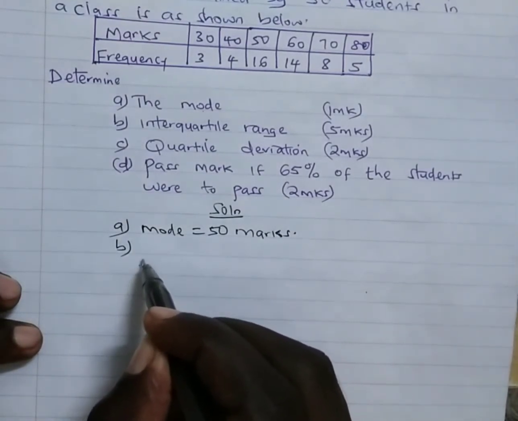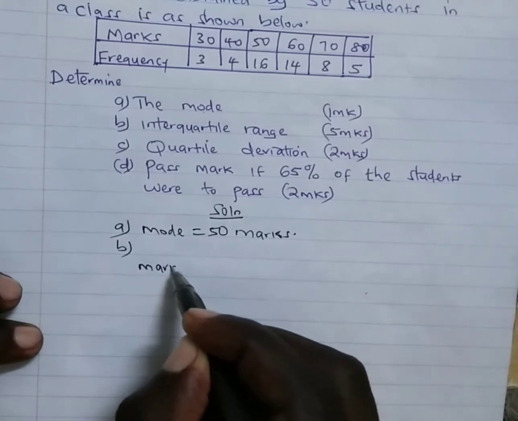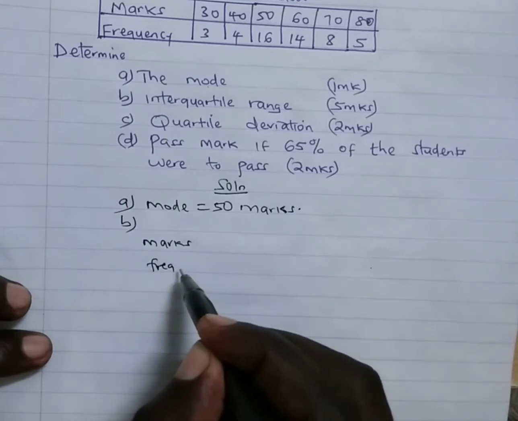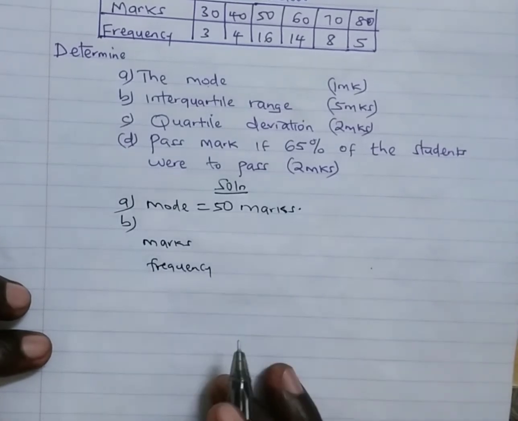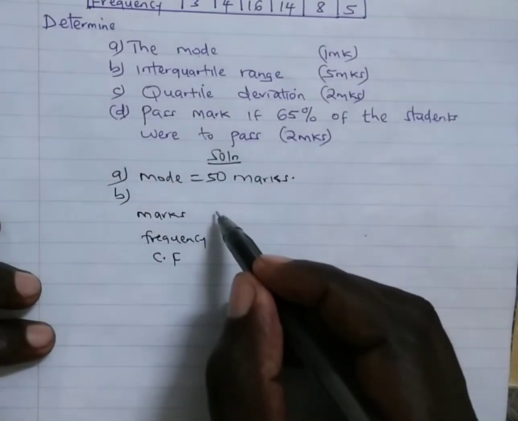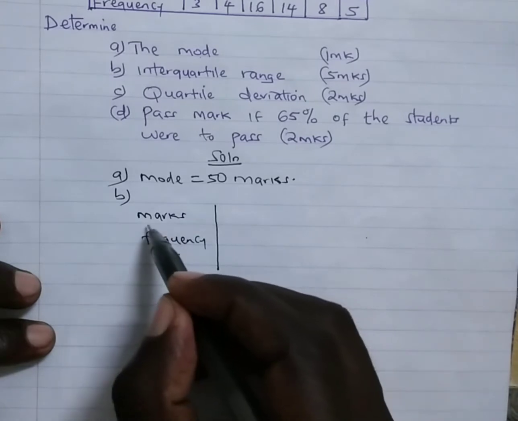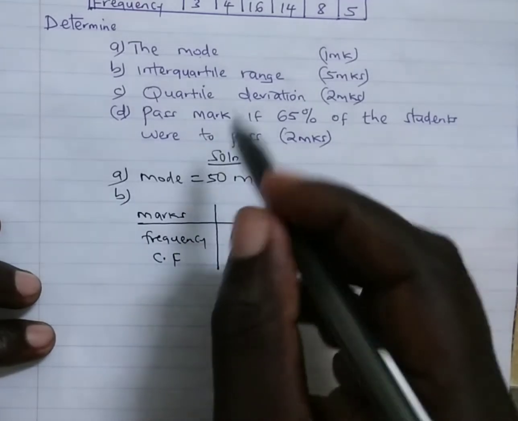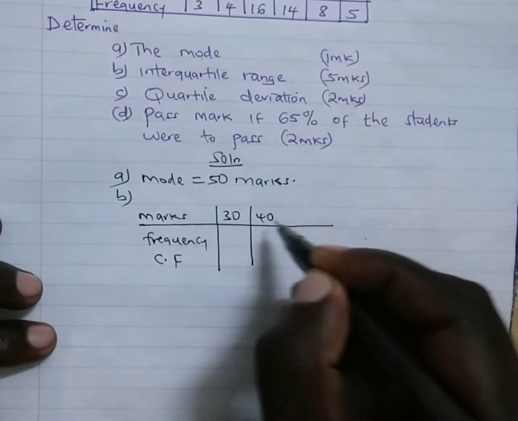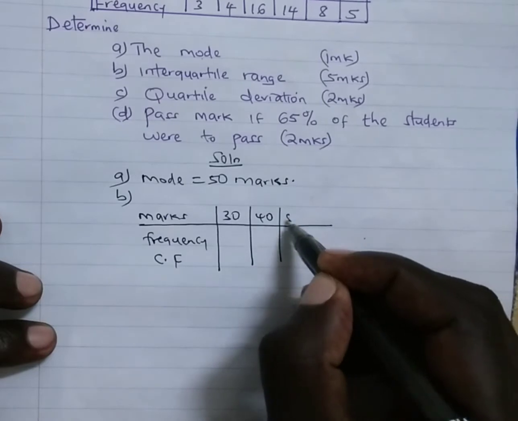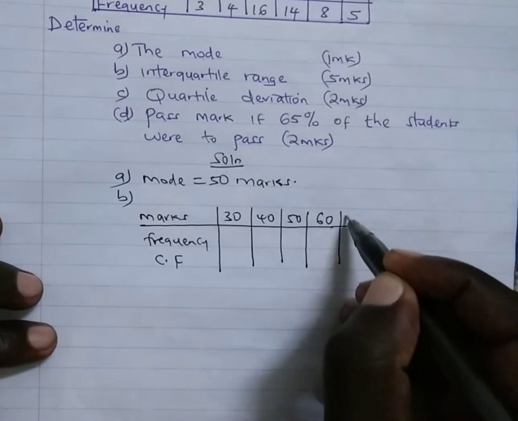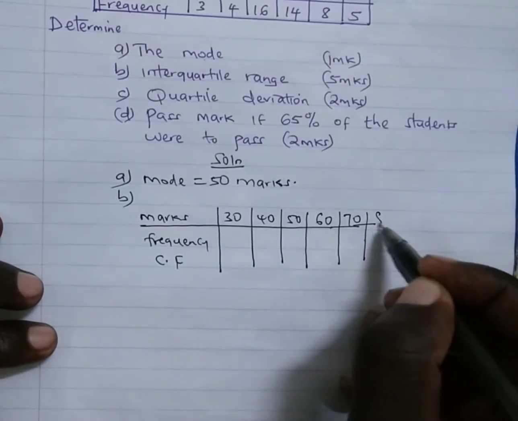We are going to have the marks, the frequency, and what we call the cumulative frequency. The marks are 30, 40, 50, 60, 70, and lastly 80.